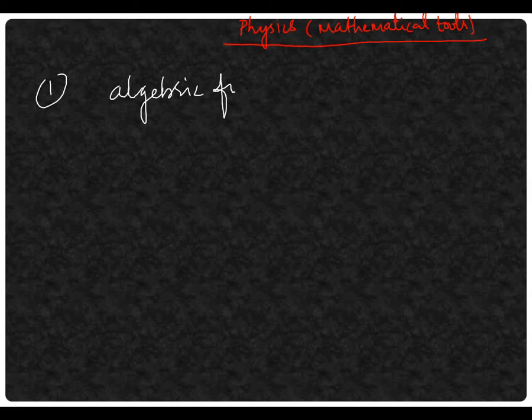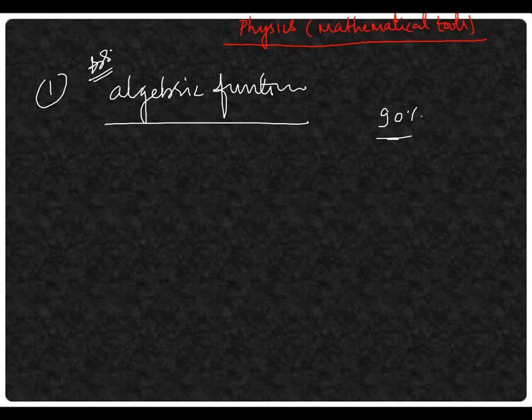In our physics, I think 90% of equations and relations between physical quantities are given in algebraic form, so it is the most important function for our 11-12 physics.